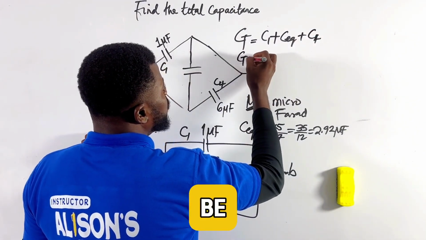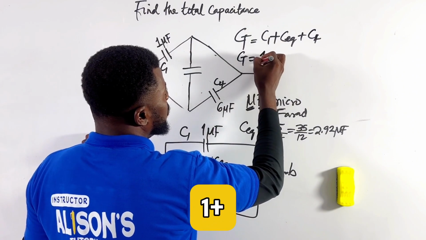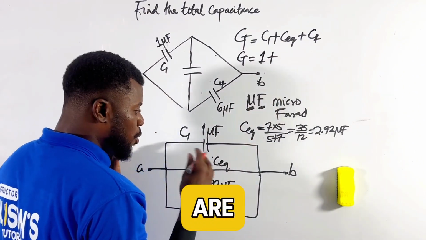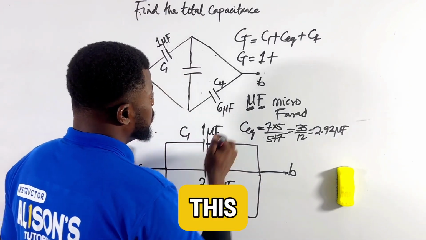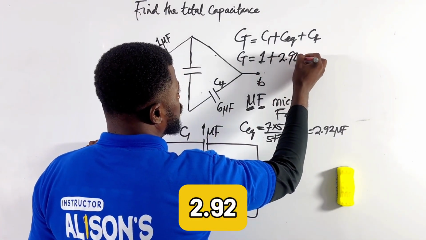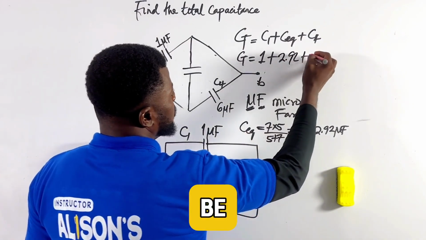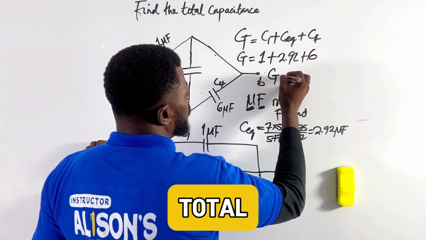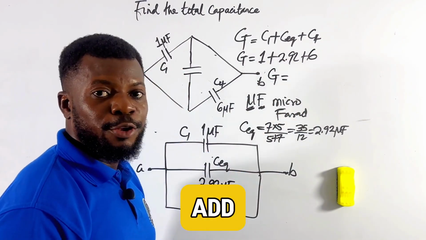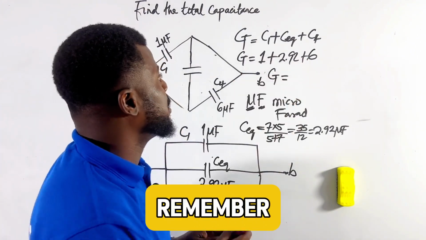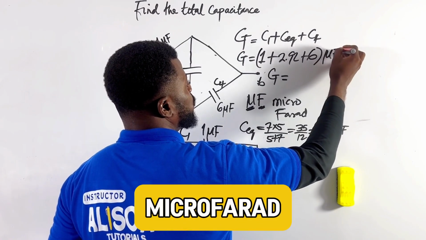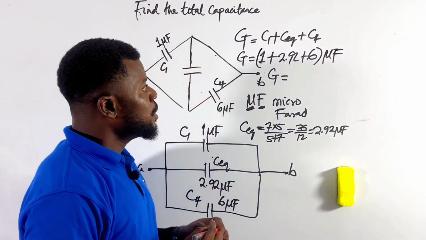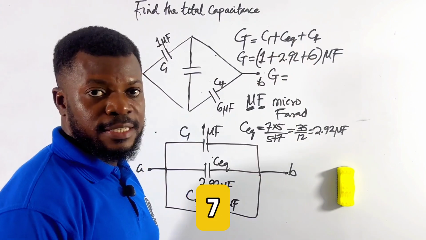So C total will be, what are the values? This one will be 1 plus, don't bother about the units, they all have the same unit, so we'll just put the unit after the whole answer. Then this one will be 2.92 plus this one will be 6. So C total will be equal to, you need to add up everything you're having here. Remember, the whole of these are operating on the same unit, microfarad. 1 plus 6 will give us 7.